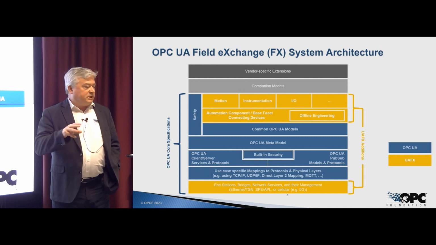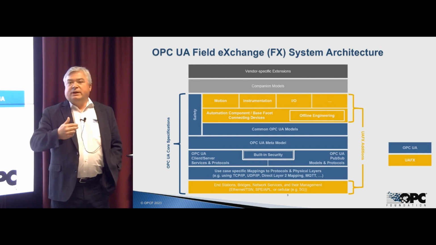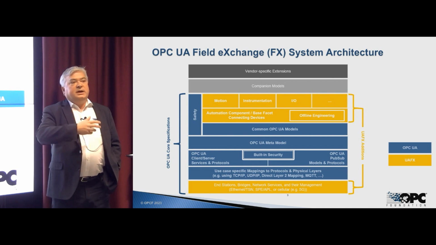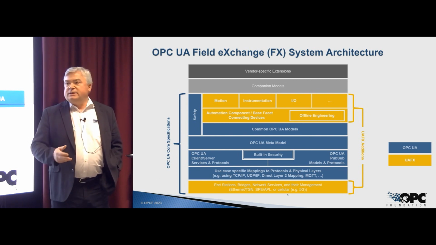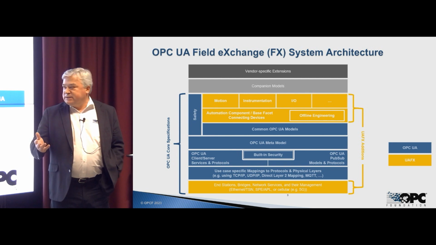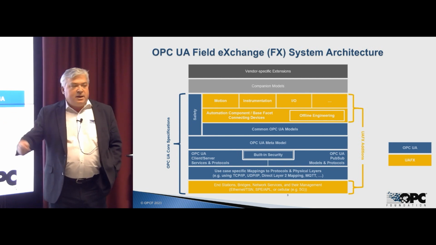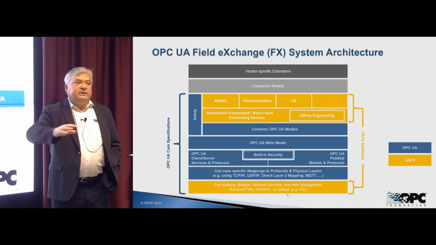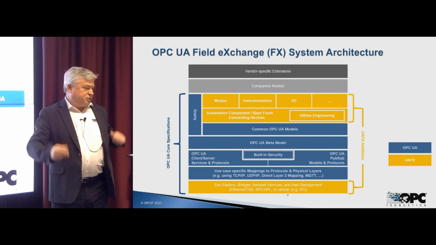I'm going into more details later when it comes to really, does this go over wired connectivity, Ethernet? Is it with deterministic Ethernet? Is it maybe even wireless? So we have many different options there. I explain a little bit our approach to be flexible enough to cover all the different needs, the complete range of requirements.